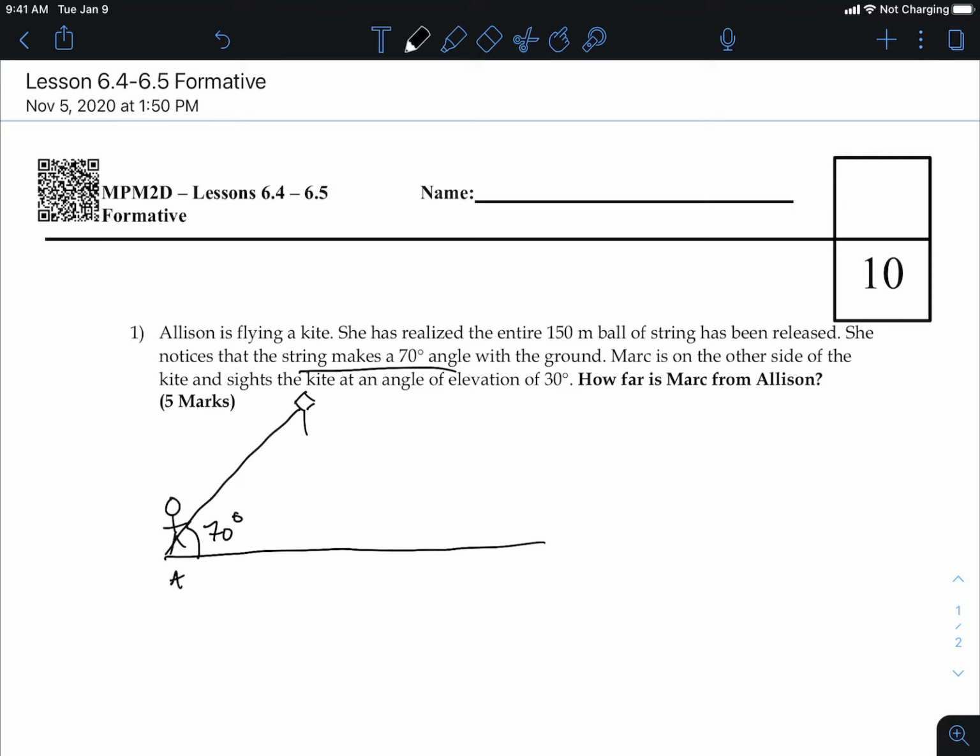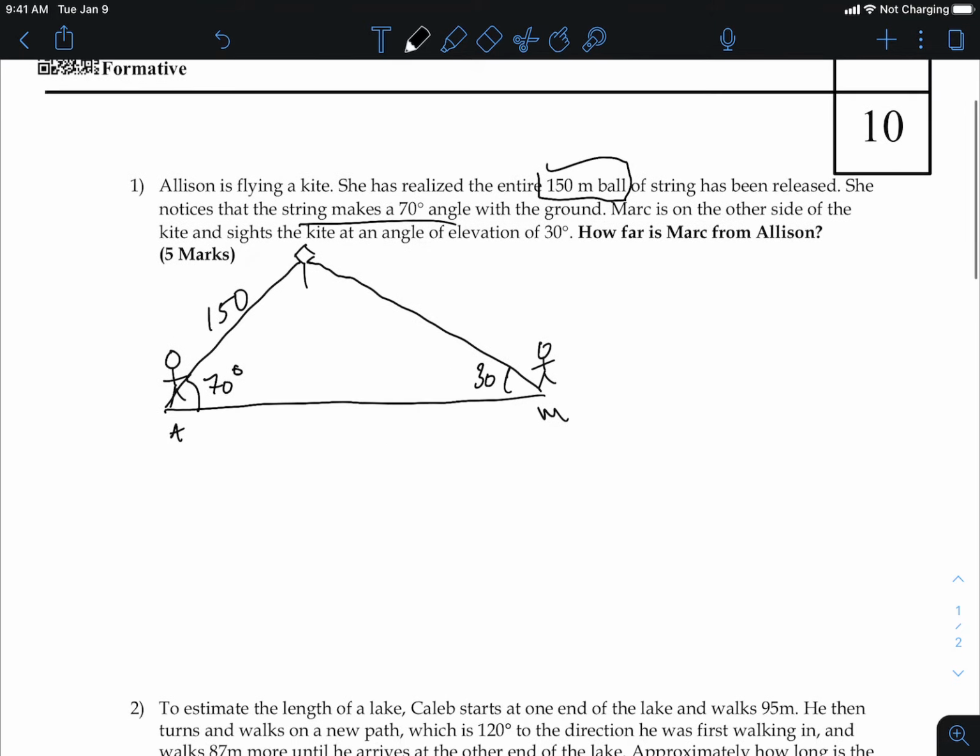Then on the other side we have Mark. Mark's looking at the kite with an angle of elevation of 30. Okay? At the beginning of this question, it told you that the kite string was 150. Right? There's your picture.